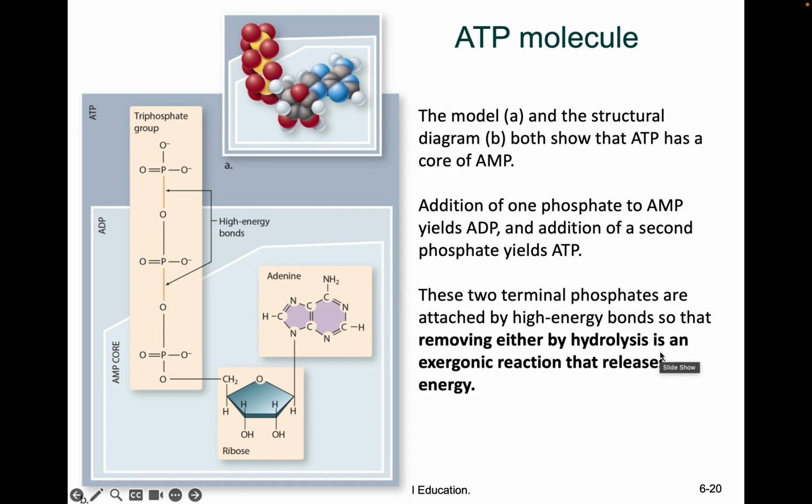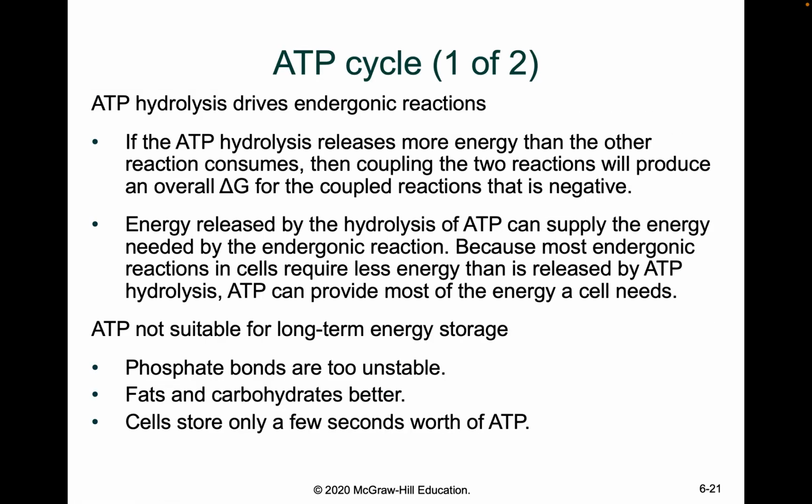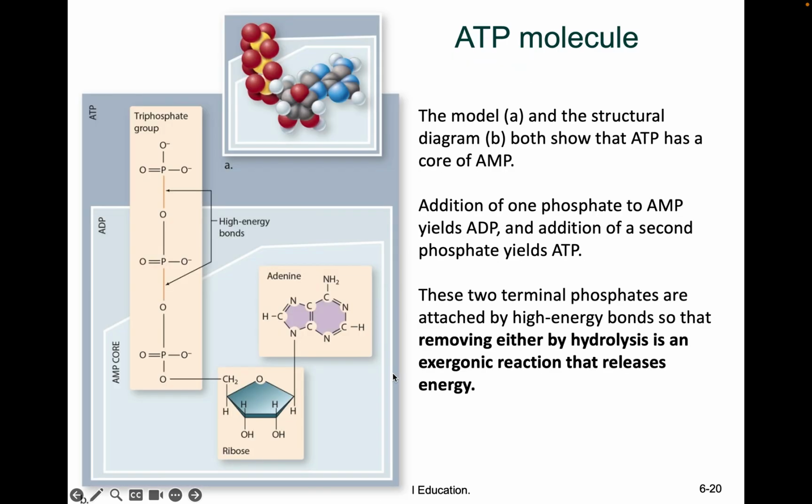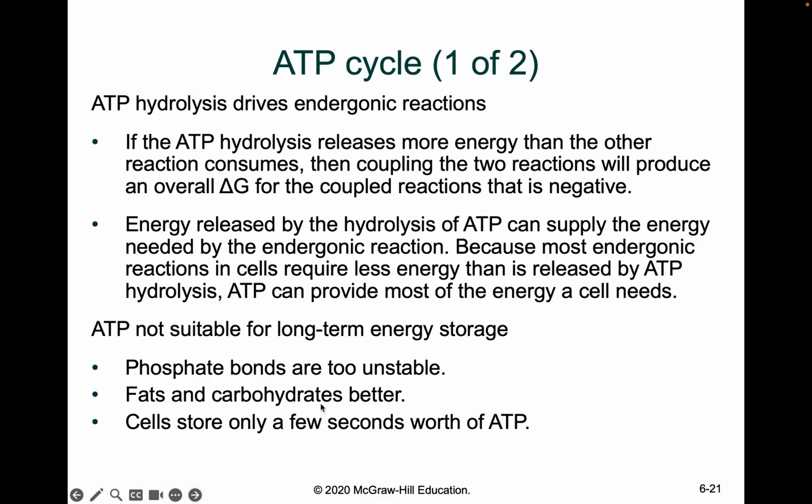Can you use ATP to store energy for long periods of time? Not really. If you want long-term energy storage, phosphate bonds are too unstable. Fats and carbohydrates do it much better. So ATP is just used for a few seconds. It's really quick and easy. You create them and they're used to basically be broken.